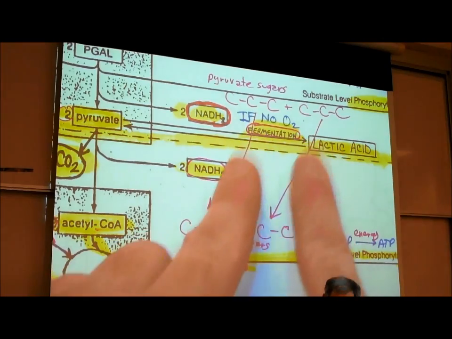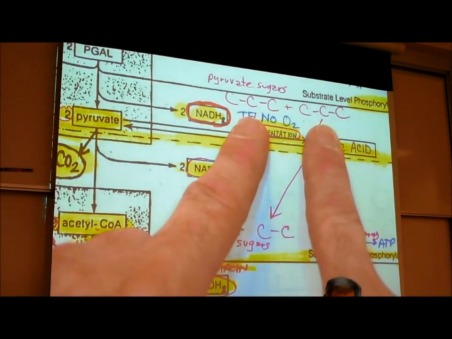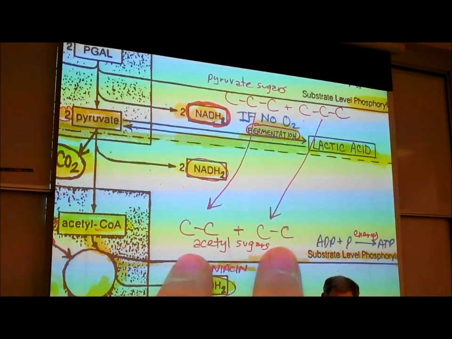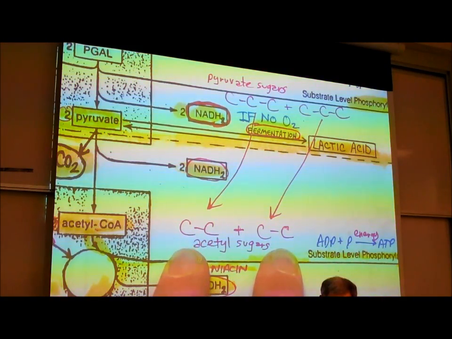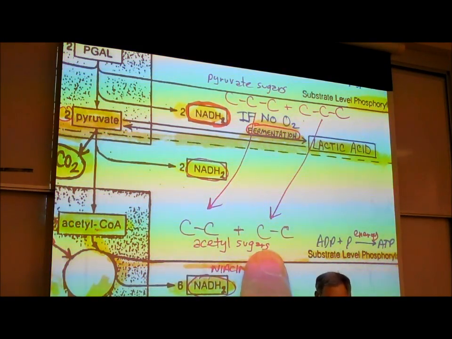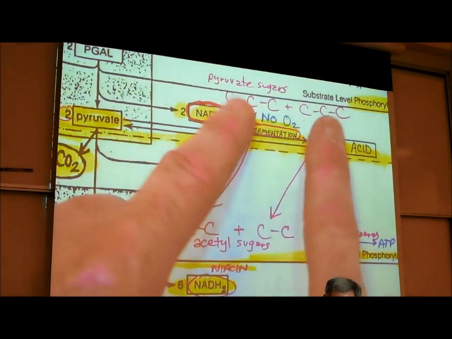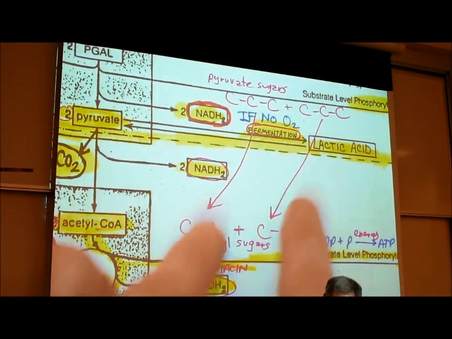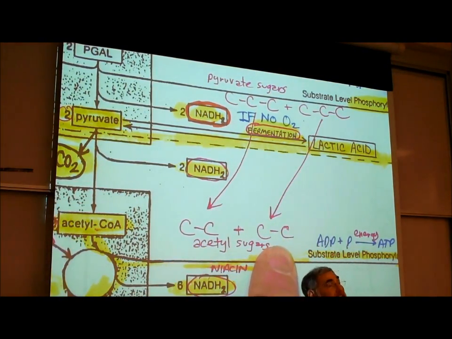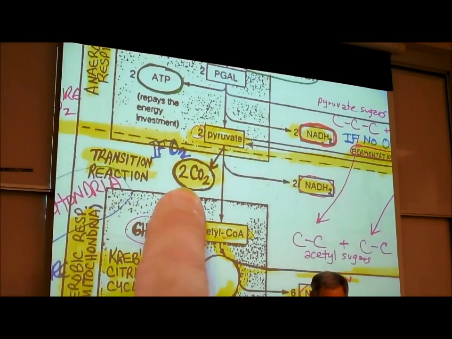Can everybody see how I show 2 sugars, each 3 carbons big, have been turned into 2 sugars, each 2 carbons big? These are called acetyl sugars. Now, if we've gone from 3 carbon sugars to 2 carbon sugars, we're missing 2 carbon atoms, aren't we? What happened to them? They're right here.